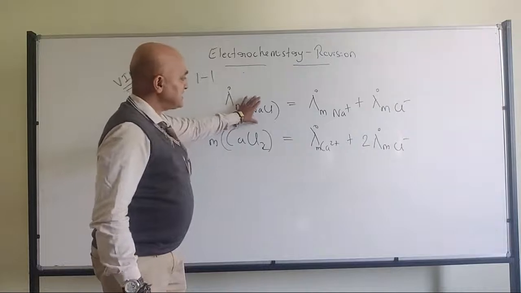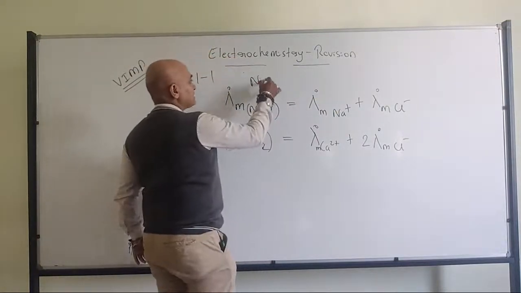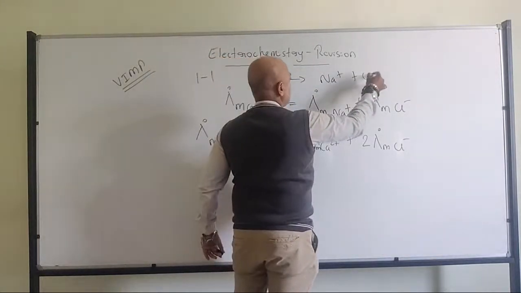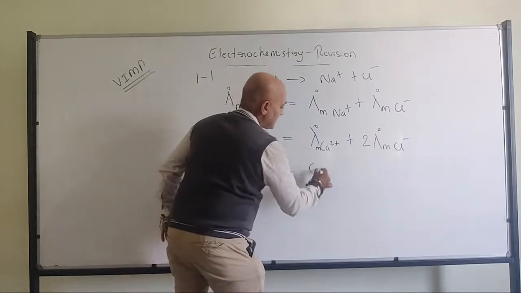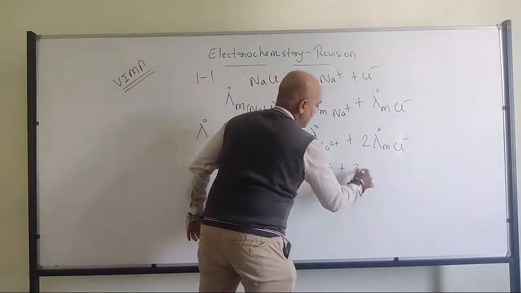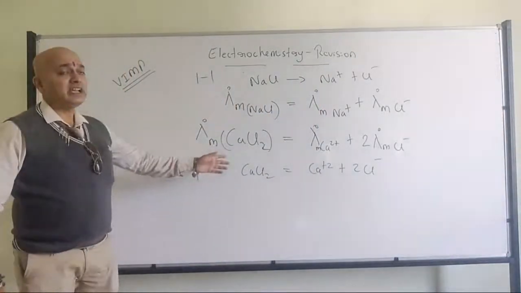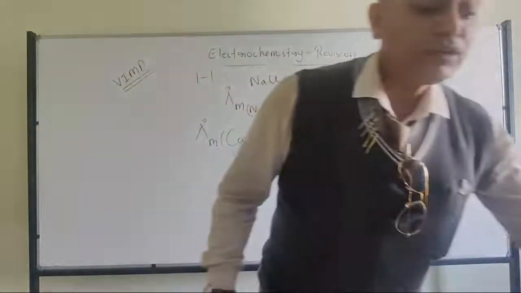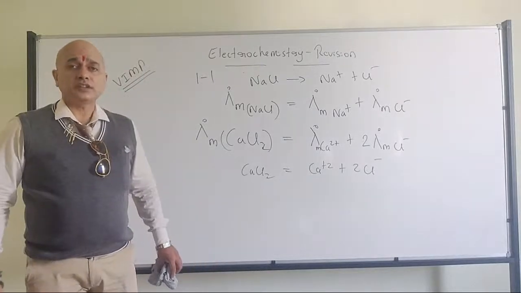NaCl can be released into Na plus and Cl minus, that's what we can observe, right? And when it comes to calcium chloride, it will be calcium 2 plus and 2 chloride ions. So that's where we have the application of Kohlrausch's law.